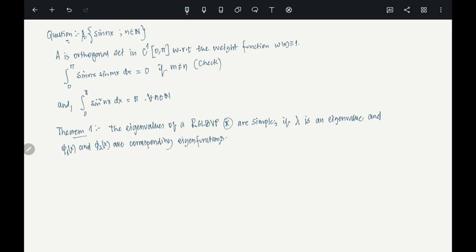Because if phi is an eigenfunction, a constant times phi is also going to be an eigenfunction. So let's say phi1 and phi2 are two eigenfunctions for a given eigenvalue lambda.